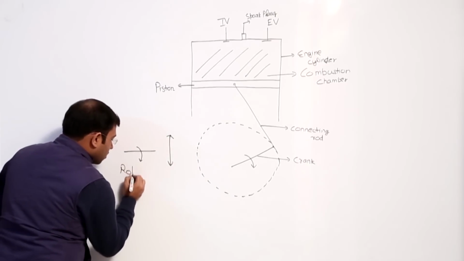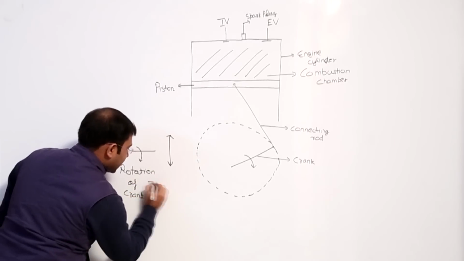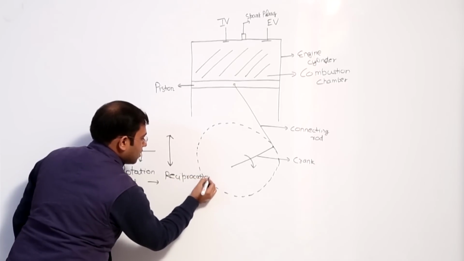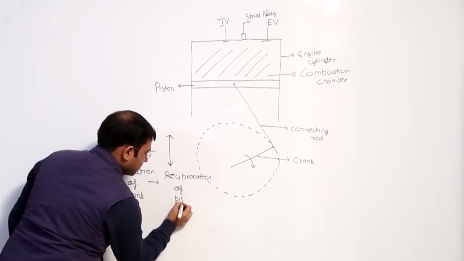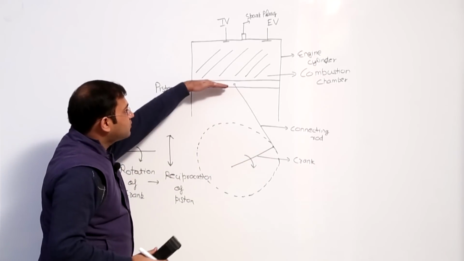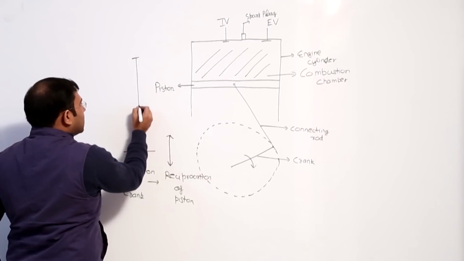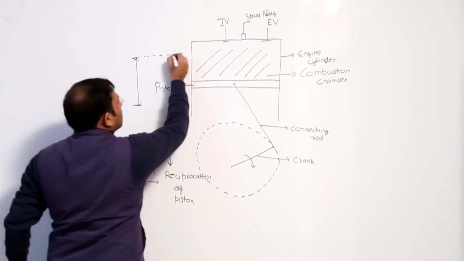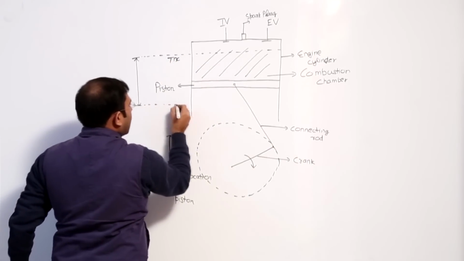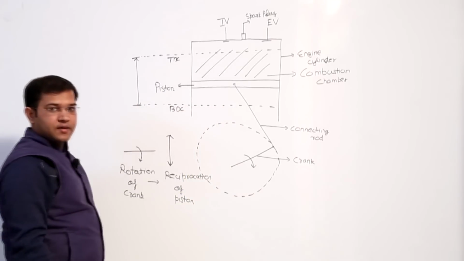So rotation of the crank is getting converted into reciprocation of the piston. When this crank rotates, this piston will move from upside to downward, so there will be a reciprocating motion between top dead center and bottom dead center. Fine.